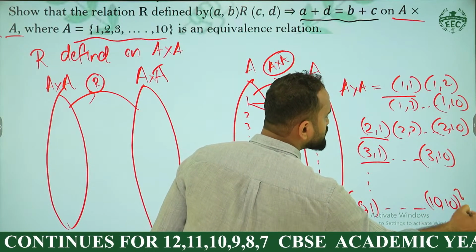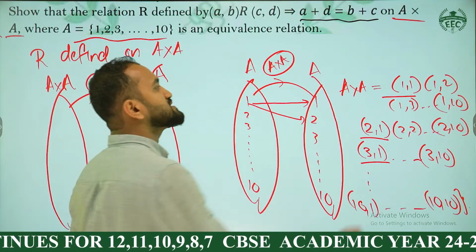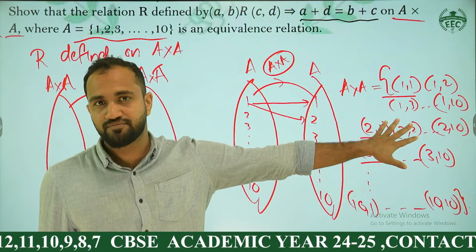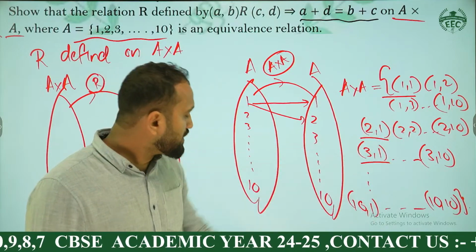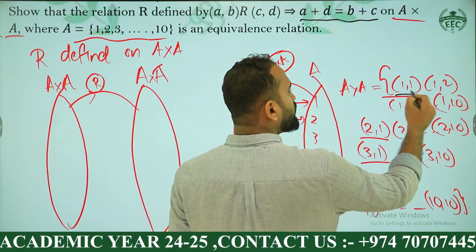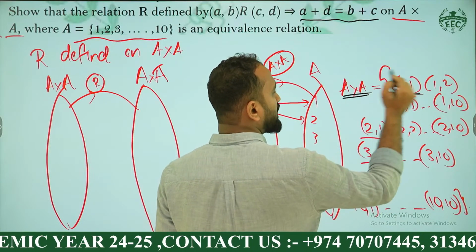How many elements will be there in this Cartesian product? There will be 100 elements. So here remember, these are the elements of this set. What are the elements?